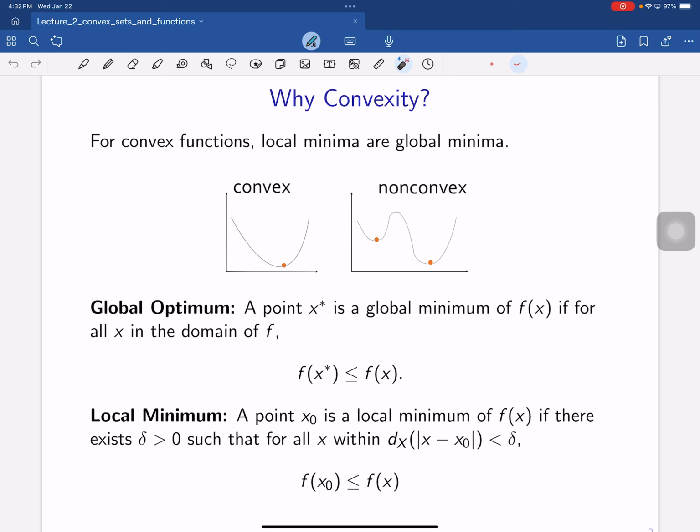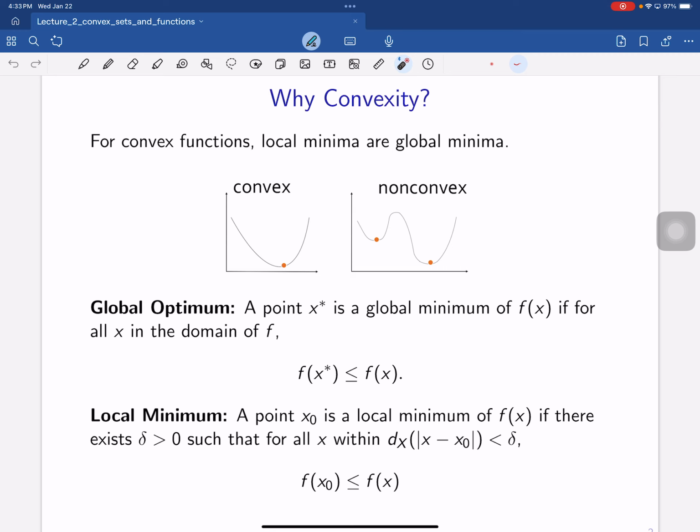Then let's give two definitions using some of the notation we introduced in the previous lecture when we talked about calculus. We say a point x star is a global minimum of f of x if f of x star is less than or equal to f of x for all x in the domain of f.